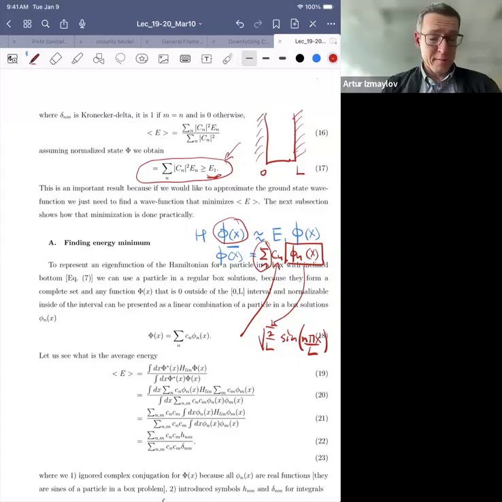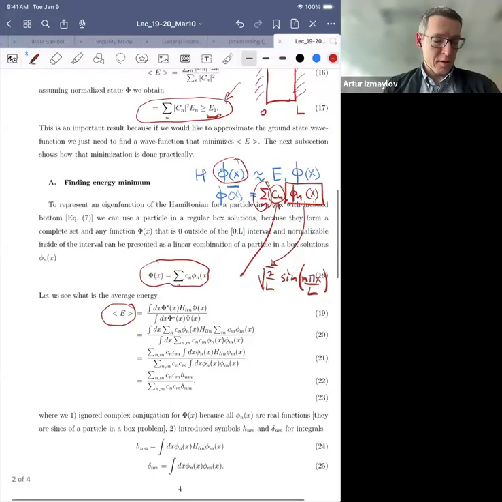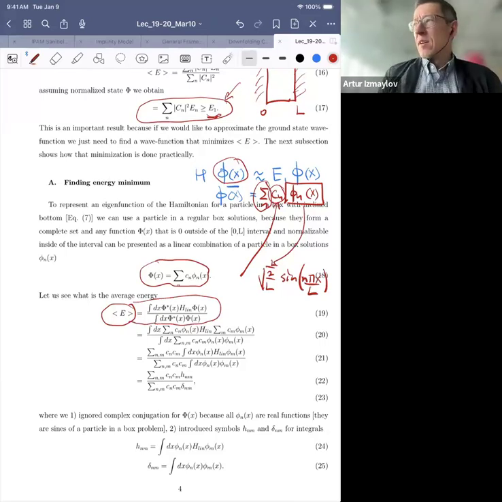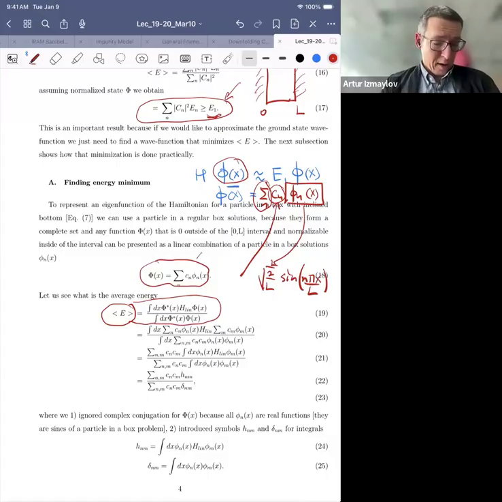Therefore, we can optimize coefficients to minimize the expectation value of energy for the function that we constructed. This is our cost function, and the coefficients become our new variables.